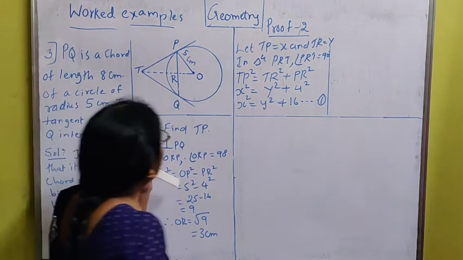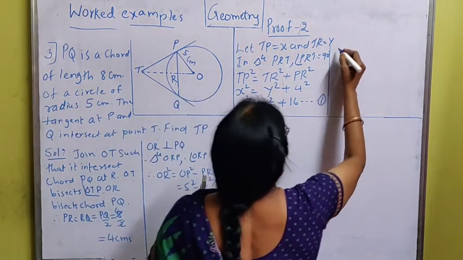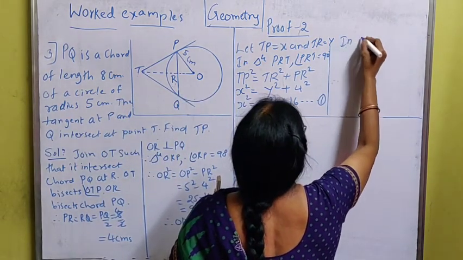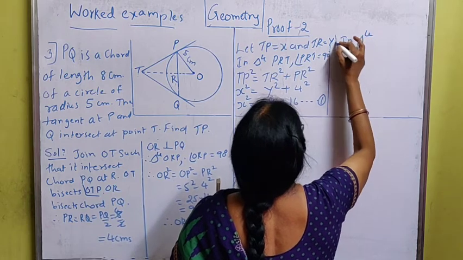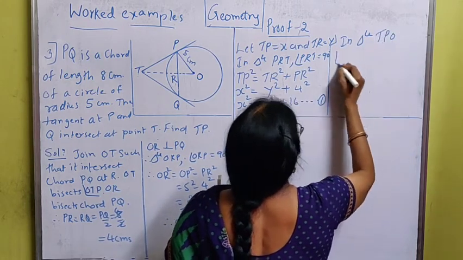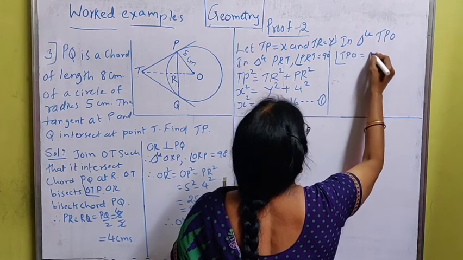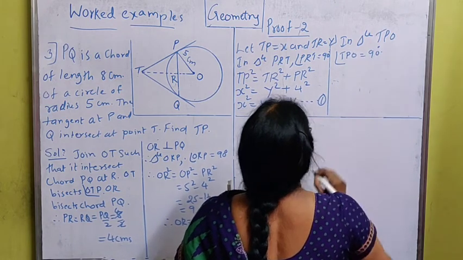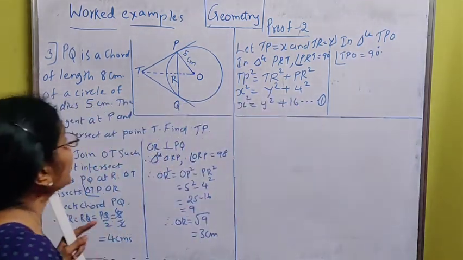Now let us take triangle TPO. In triangle TPO, angle TPO is equal to 90 degrees, so we can use Pythagoras theorem.